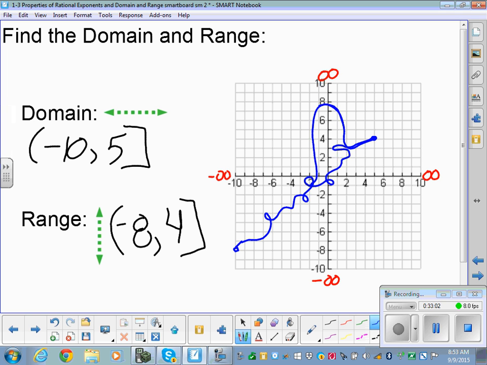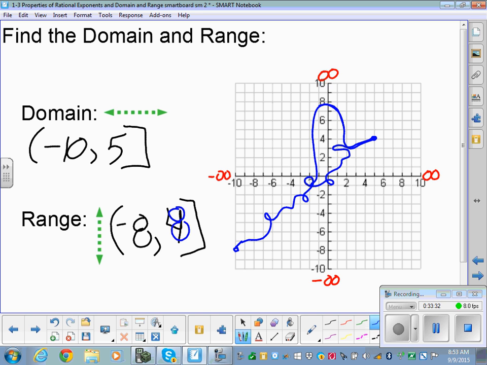Let's change our range on this one. Our y values are up and down. Well, this time, even though there's a dot here, it grew up to what point? Positive 8. So if that would have been the case, our range would have been from negative 8 to positive 8. Does that make sense? So if it bounces up there and comes back down, it doesn't always go to the ends. Look left and right. Where's my function going from left and right? That's it. Then look, where's my function going from up and down?